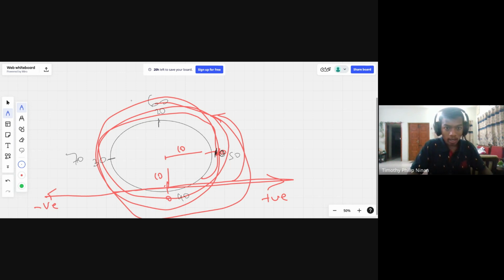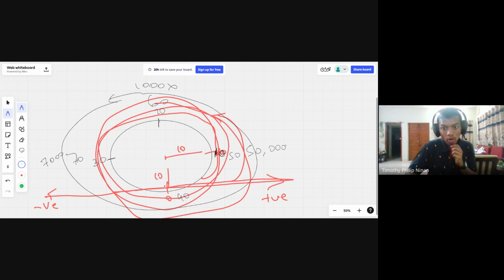Eventually, assume we have gone around 1,000 times, this value can be like 7,000. Just imagine, it can be any number, or this can be like 50,000, or it can be 1 million. So all the numbers are getting wrapped up over here.